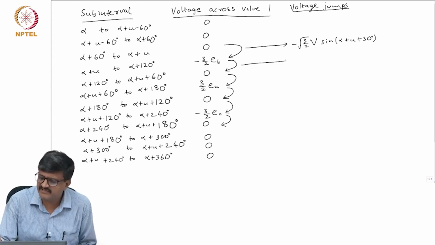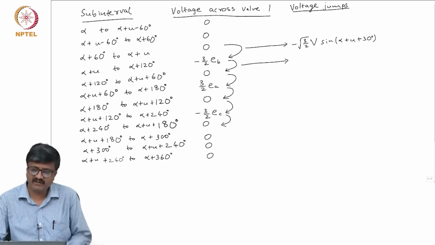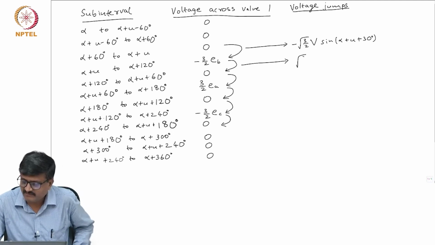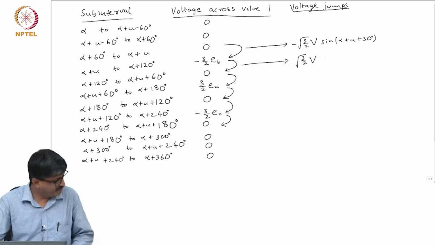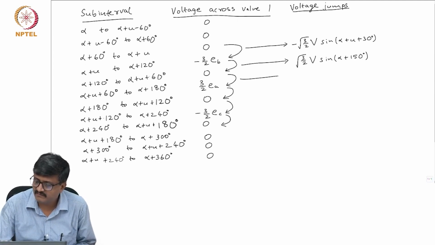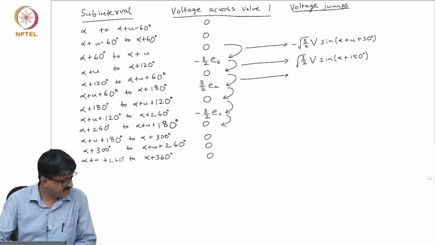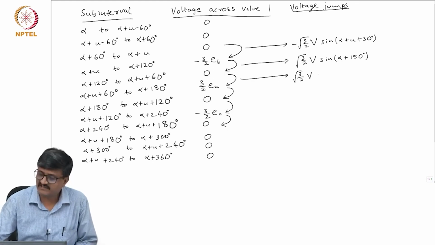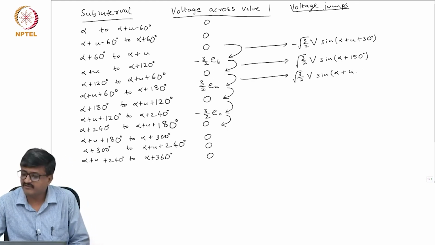The second voltage jump is 3 by 2 V sine alpha plus 150 degrees. Then 3 by 2 under root V sine alpha plus u minus 150 degrees.